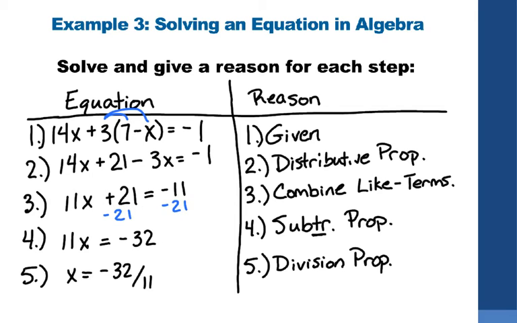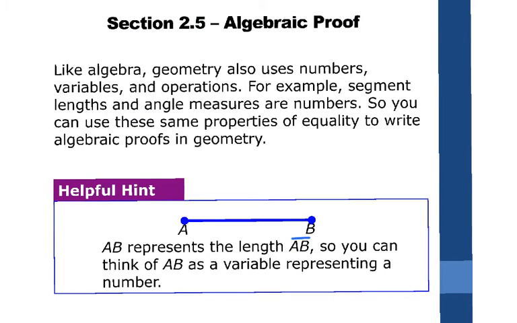So let's do some more stuff here in just a second, but let's look at this next slide first. Alright, so in algebraic proofs, we are getting close to something called geometric proofs. And so we're going to take it a step further and use some geometric diagrams in our next couple of proofs.